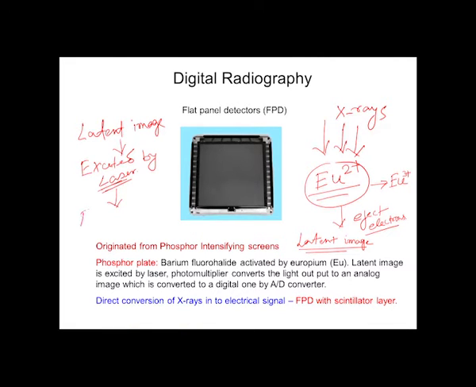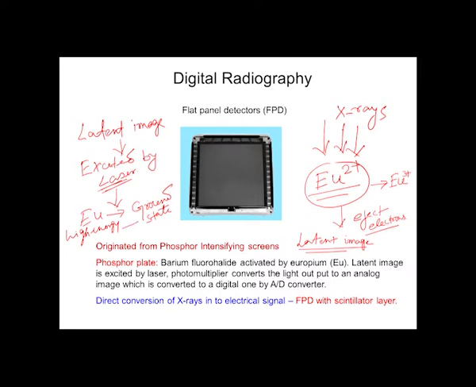Okay. So, when you do that, as I told, this europium, which was in a high energy state due to the ionization when it was exposed to X-rays, will come back to the ground state. That means europium 3+ will again come back to europium 2+.